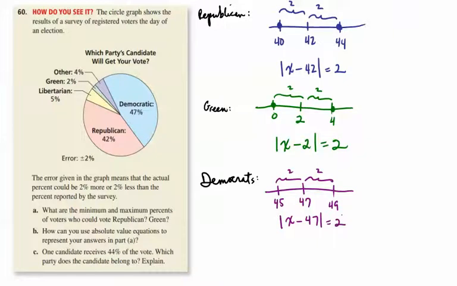Now, if this candidate got exactly 44% of the vote, and we assume that only the voters from that party voted for him, then that person would have to be from the Republican Party. As you can see up here, 44 is included in the Republican interval, but it's not included in the Democrat.